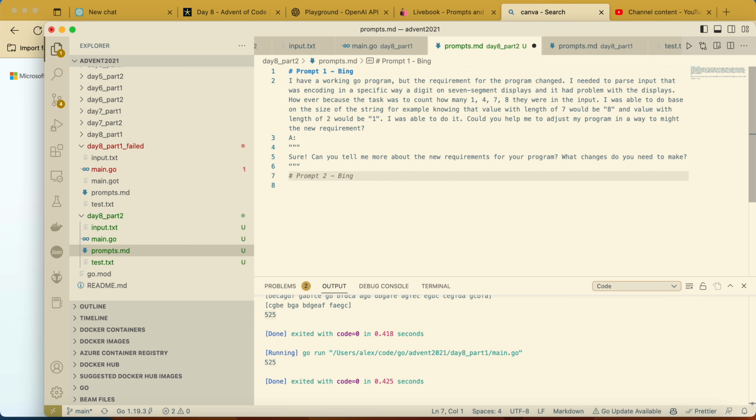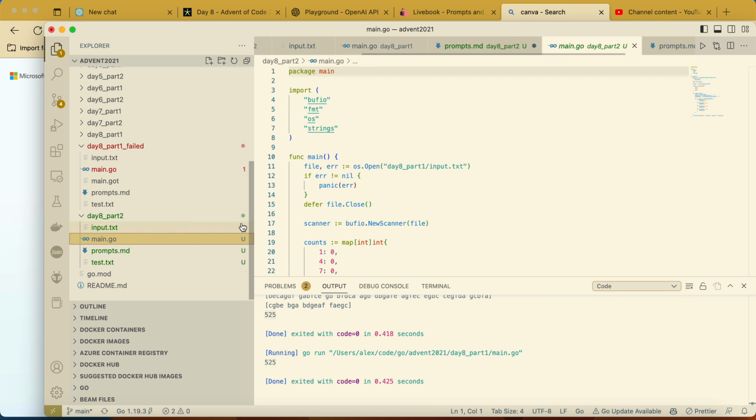Firstly, I will prompt and say, oh, that's my program. This is my Go program, and to change this part here, let's do it with the test.